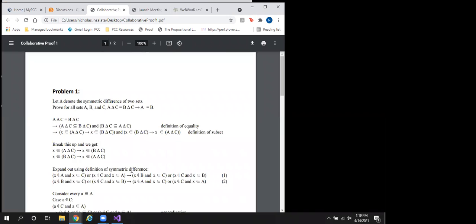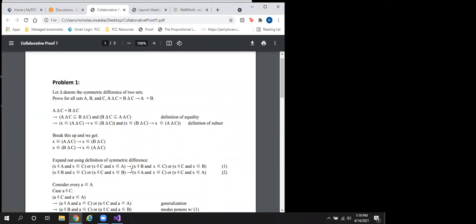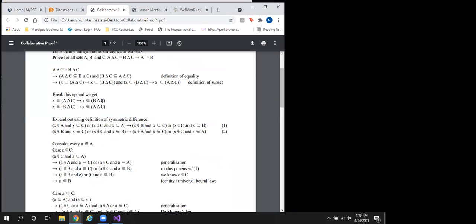Well, don't worry, I've forgotten too. So let's see. Okay, you do a little bit of algebra here to figure out what the symmetric difference is saying. And you can break it up, then you're doing an element style proof.